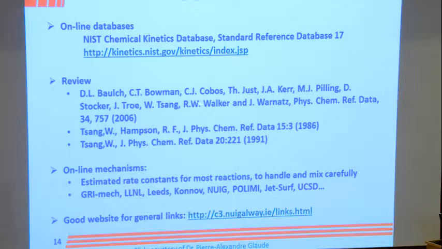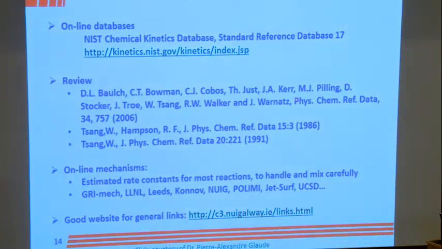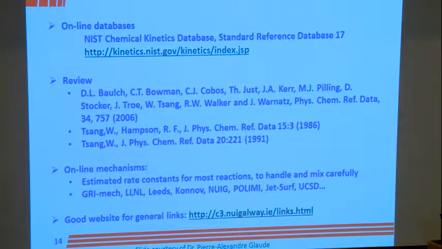Okay, there are online databases. If you go to the NIST Chemical Kinetics database, that's available. I spoke about the Baulch, Bowman, Cobos series of releases of recommendations that they had through the 90s and 2000s, I think.